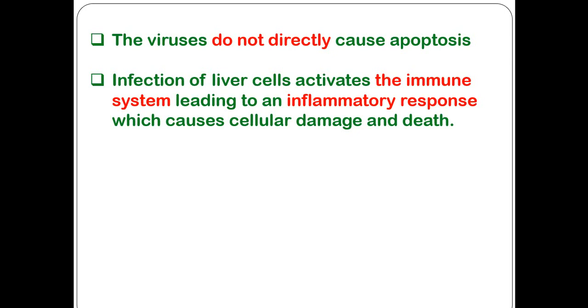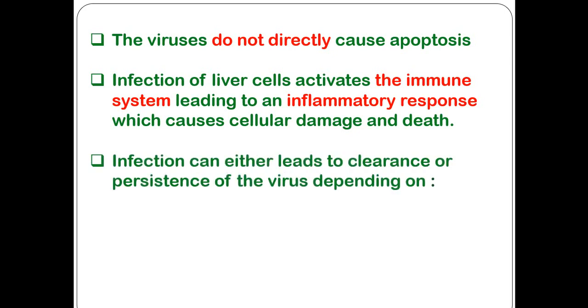So the infection can either lead to clearance, which means acute disease, clearance of the virus, or persistence of the virus, which means chronic disease. And this will happen according to three factors.